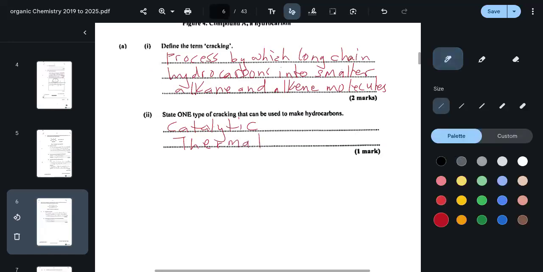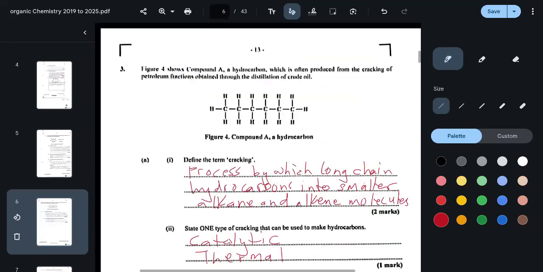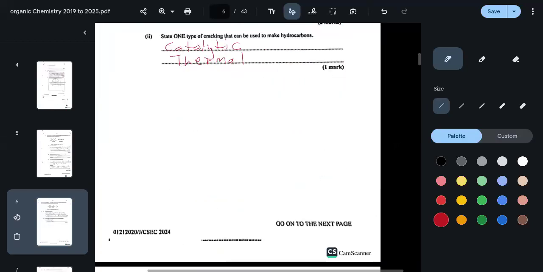So the two types of cracking are catalytic because it uses a catalyst, and thermal referring to heat. So we finish with this one.